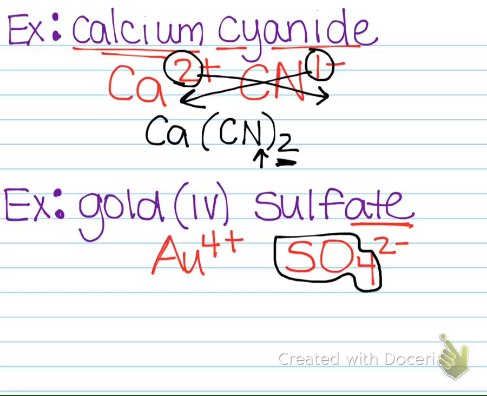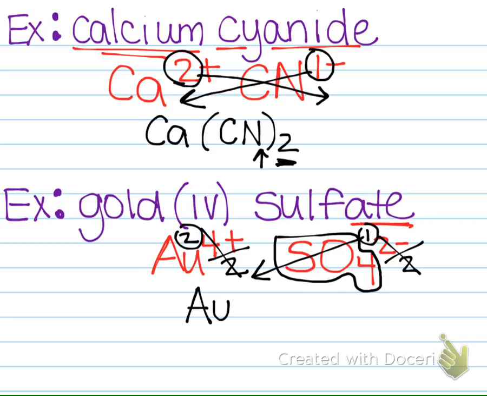Now, first thing you're going to do is reduce those charges down. They're both divisible by 2. So that makes that a 2. That makes that a 1. So, we're going to cross down the 1 to the gold. So, Au with a 1. And then the 2 goes down to the sulfate.